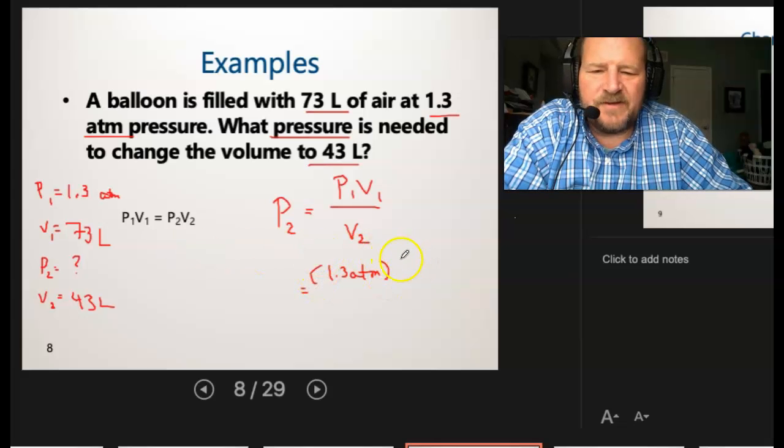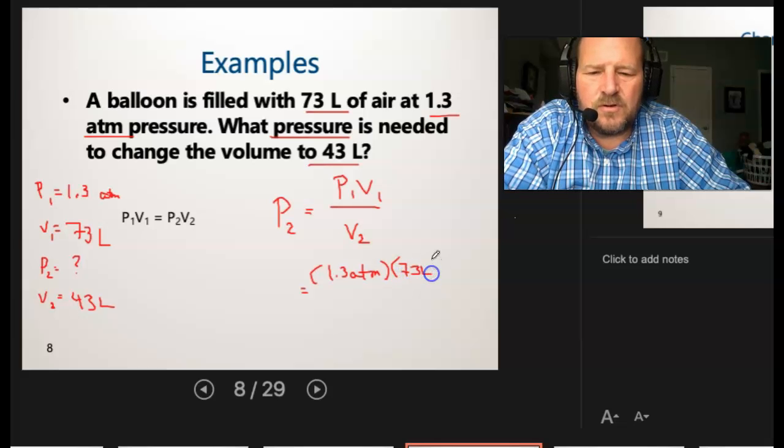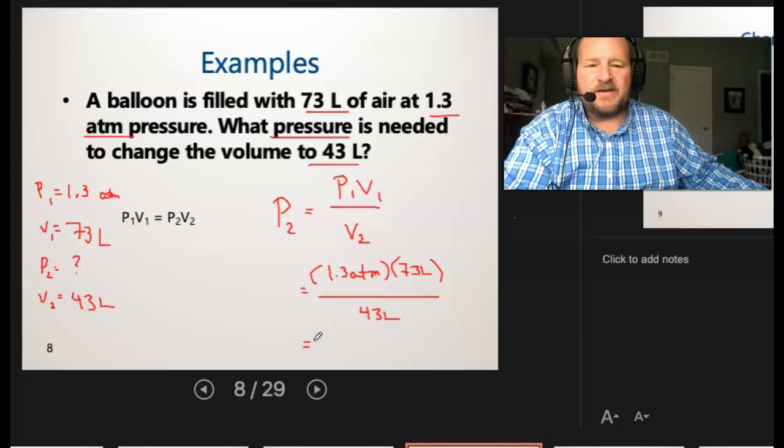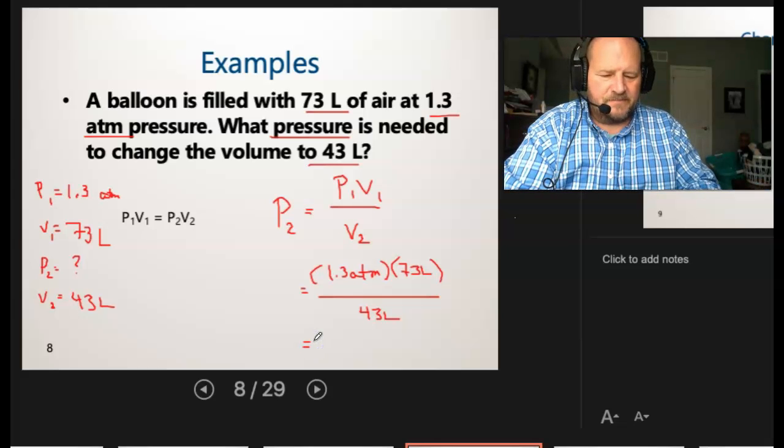We're going to multiply that by V1, which we said was 73 liters. And then we're going to divide that by V2, which we're told is 43 liters. Then I'm going to get out my handy dandy calculator, which happens to be my cell phone.